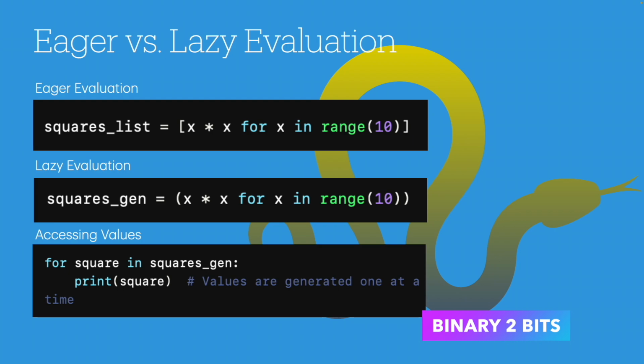But when we perform lazy evaluation, like a generator or iterator, the expression is only evaluated or compiled, and the data is not stored in memory. This is the key difference, and we can access the values with a loop over square_gen and see that values are generated one at a time.